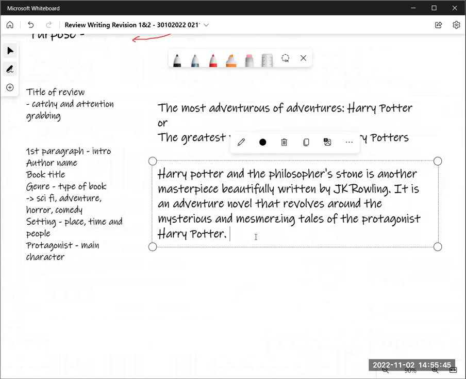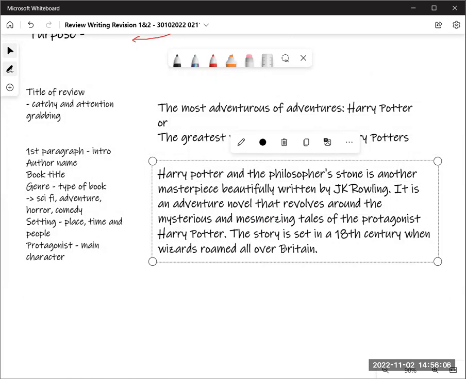So let's say the story is set in, let's say, 18th century Britain, when wizards roamed all over Britain. Or when wizards roamed all over the world.